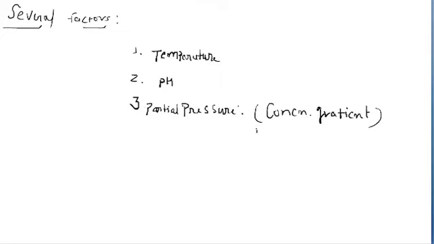Here we will have the pressure of carbon dioxide molecule. This will also affect the pressure of oxygen. So these are the factors which will affect the affinity of oxygen for the hemoglobin: temperature, pH, and partial pressure.